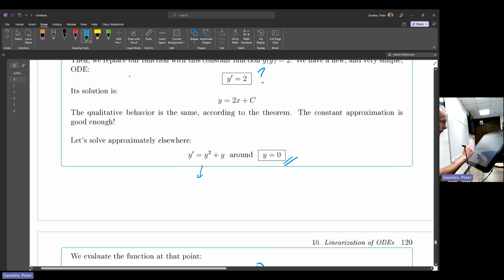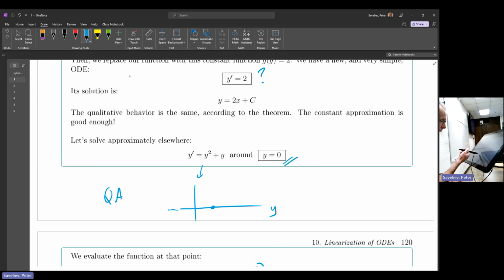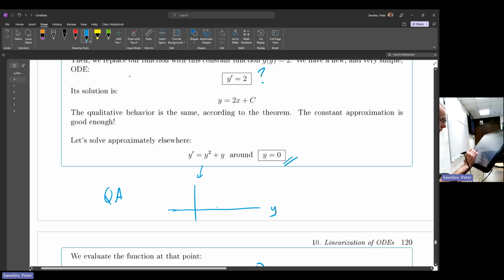So let me carry out a quick qualitative analysis of this to confirm our theorem. So these are y's. This is equal to 0 at 0 and at -1.